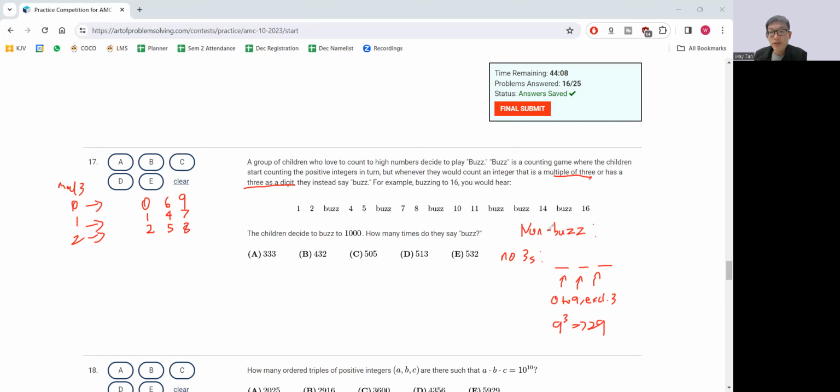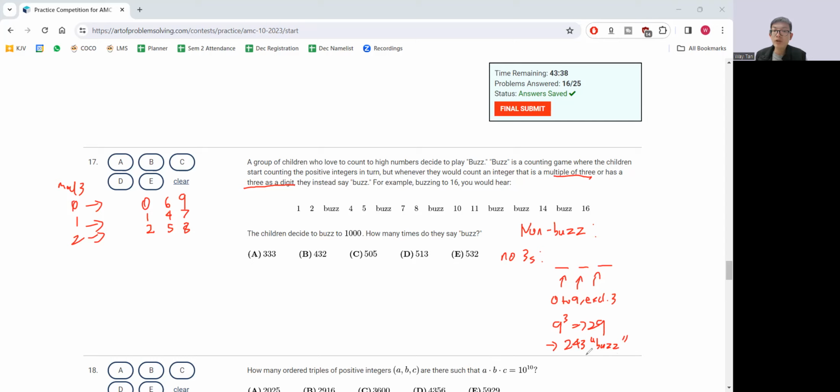Now that means that for this 3-digit number here, exactly 1/3 of them will have the digit sum be a multiple of 3. Right? 1/3 of them is 243.